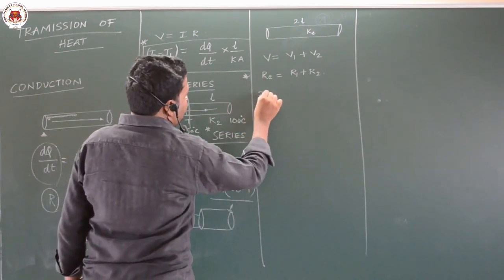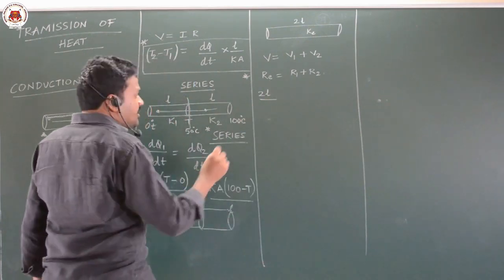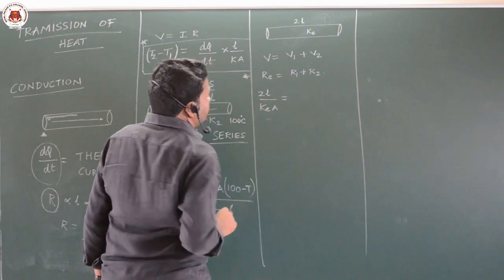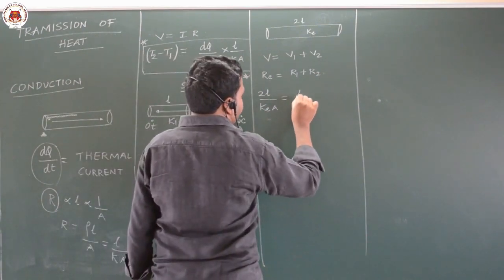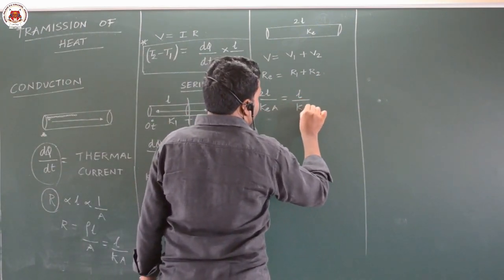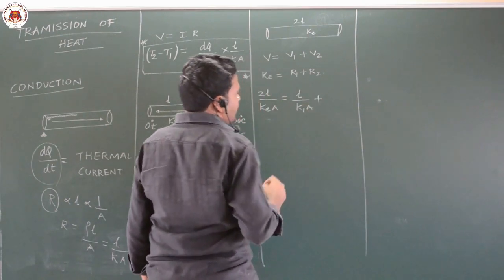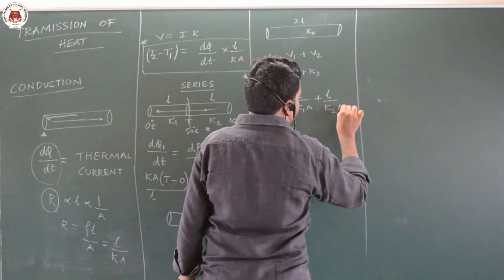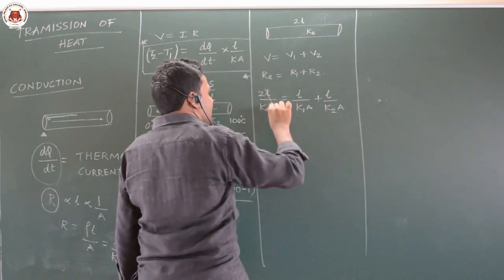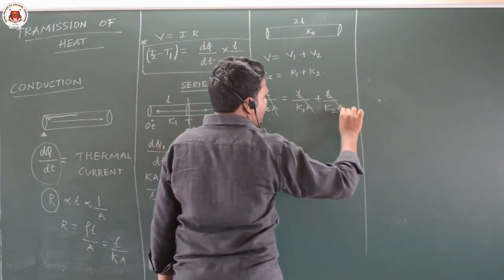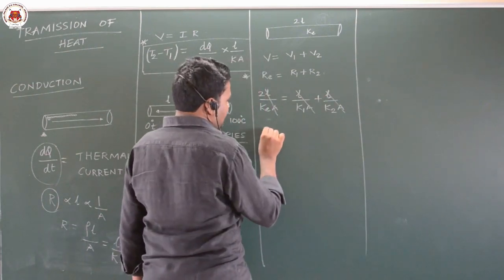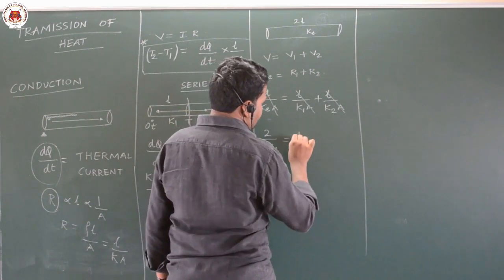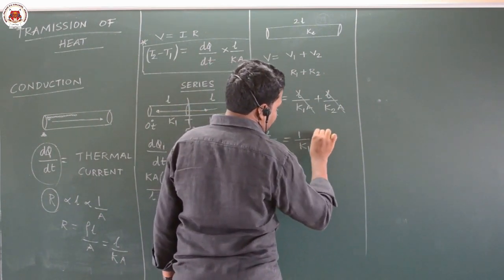Here L is 2L. 2L by K effective A is equal to L by K1A plus L by K2A. This L by A will get cancelled. 2 by K effective is equal to 1 by K1 plus 1 by K2.